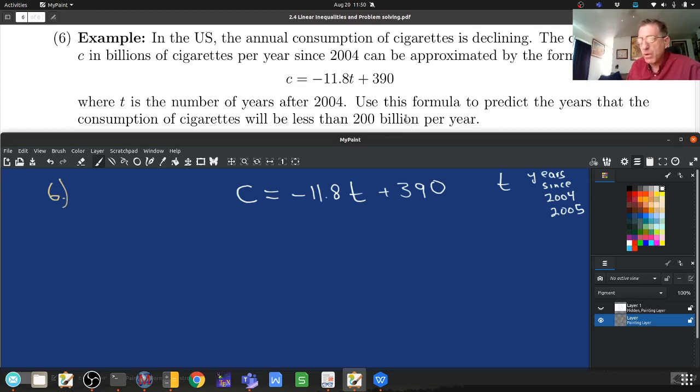So what we want is C, the consumption in billions of cigarettes per year, and we want that consumption to be less than 200 billion.